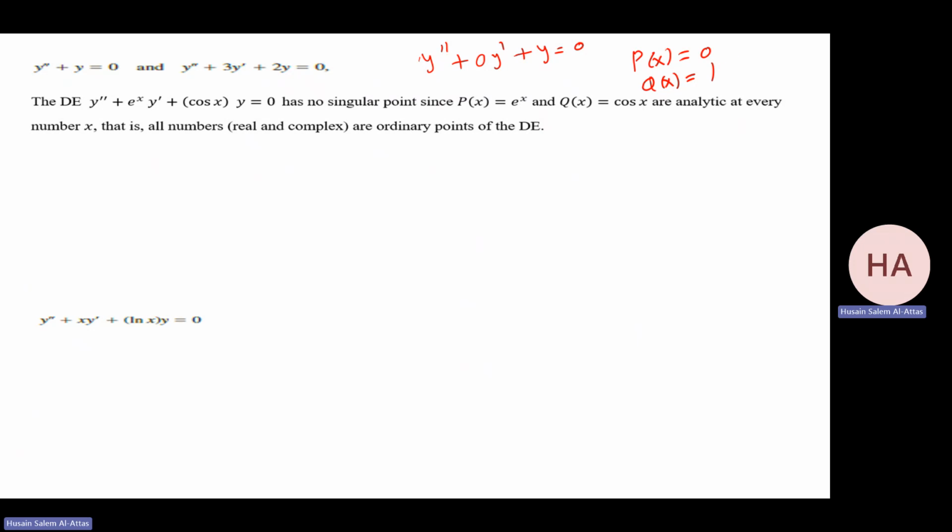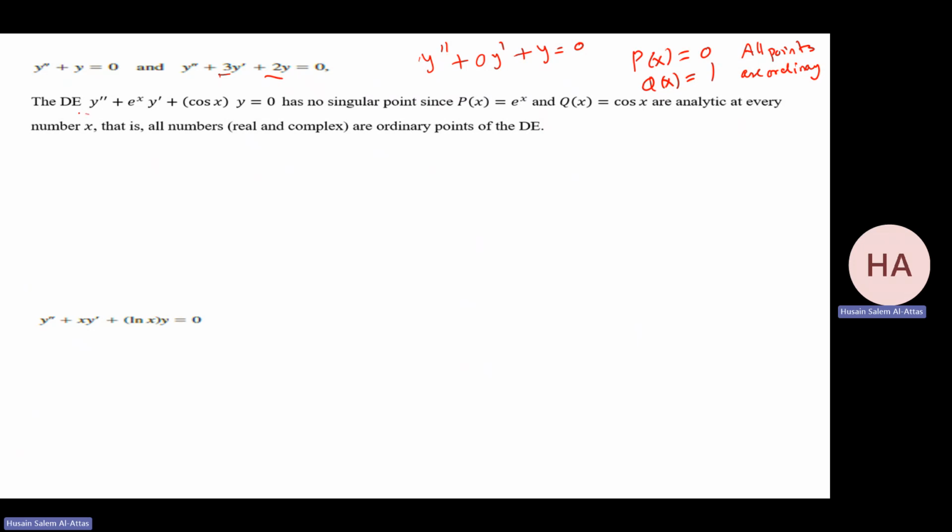When you do the power series, you want to check the nth derivative. So it means all points are ordinary. And the same thing for constant coefficients: all points are ordinary.